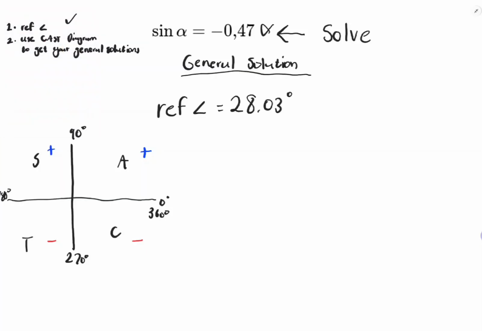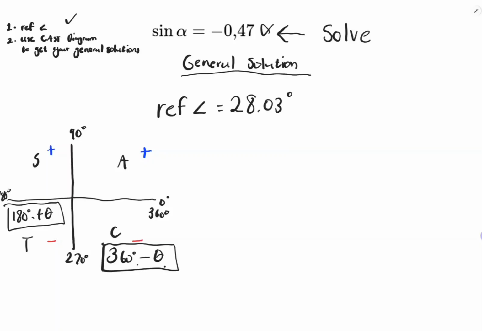Since we're working with the T and the C quadrants, the forms are 180 degrees plus the reference angle and 360 degrees minus the reference angle. For the general solutions, you're going to use these two expressions.